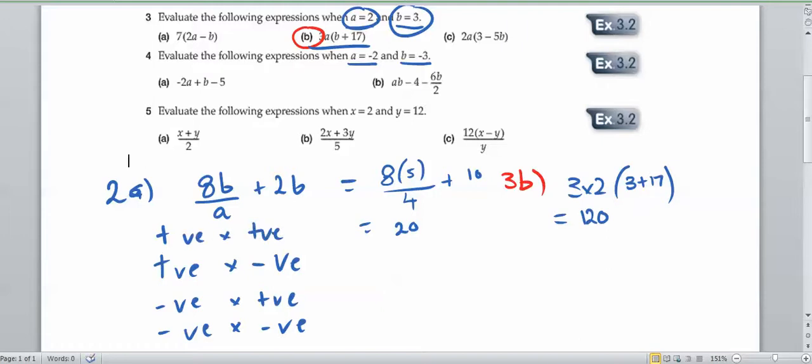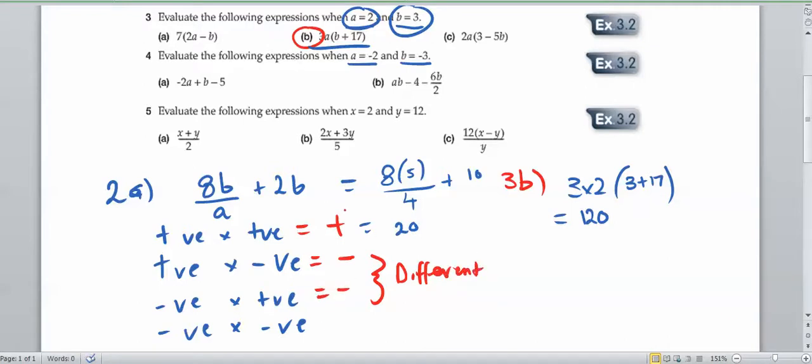Now, obviously, when we multiply two positive numbers together, we're going to get an answer which is positive. Positive times a negative, we know is going to be equal to a negative, because they're different. So if they're different, they multiply to give a negative number.